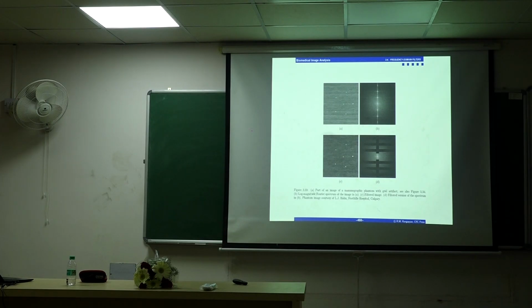I set it to 0 and totally eliminated that, and then the spectrum goes like that and goes to 0 and comes up again and then goes to 0. And that discontinuity gives rise to artifacts in the image domain after inverse transformation.